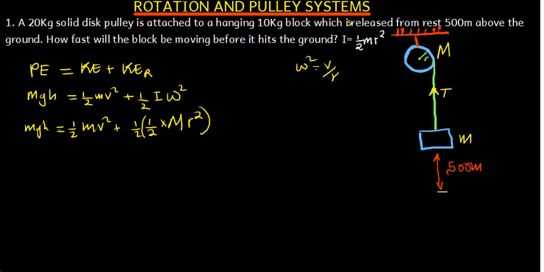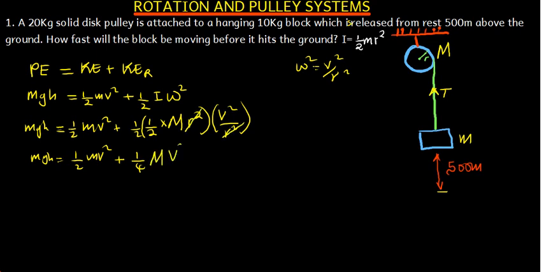If we square this, we square both, so this will be v squared over r squared. This gives mgh equal to half mv squared plus 1/4 capital M v squared, since the r squared cancels. Now we'll go on substituting.